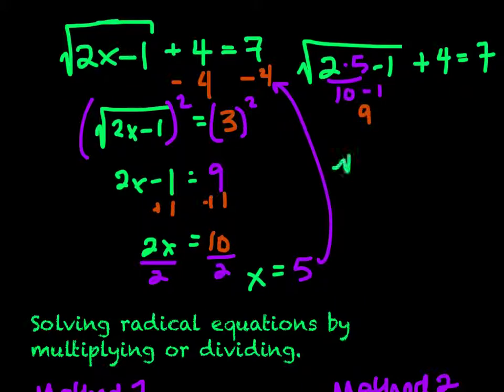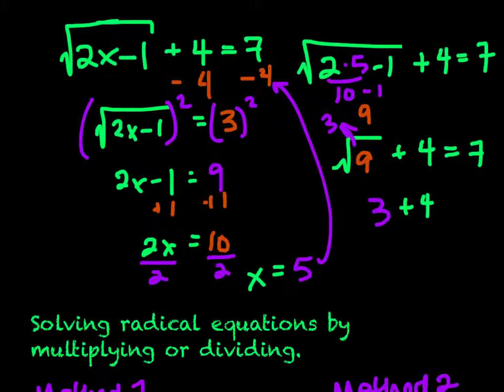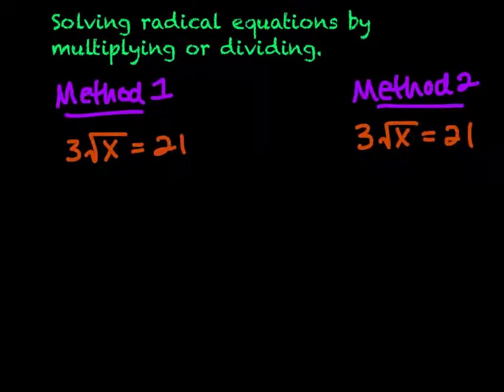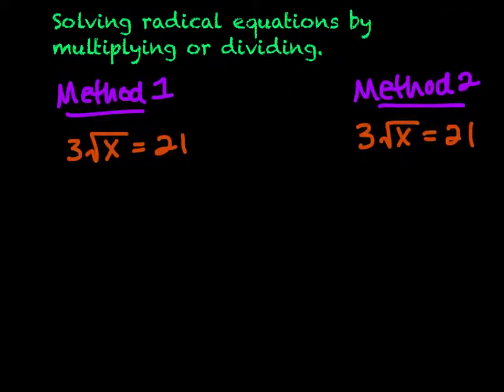So the square root of 9 plus 4 is equal to 7. Square root of 9 is equal to 3. So 3 plus 4 is equal to 7. And so 7 is equal to 7. Awesome. We got it. Let's try one last method of solving equations.